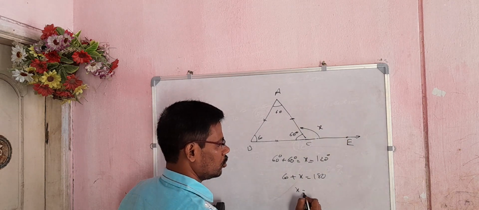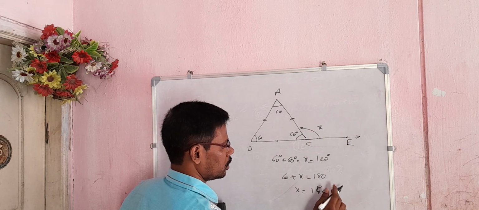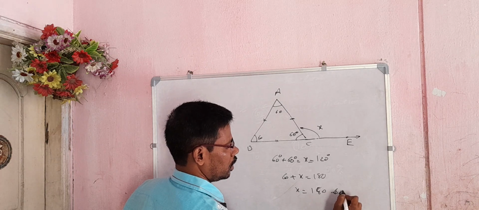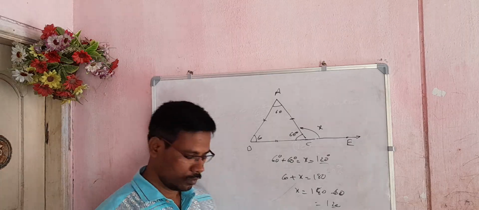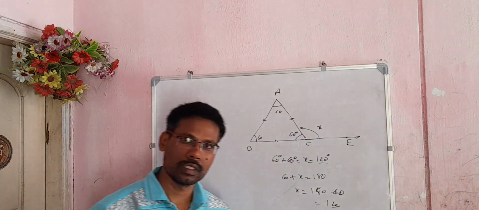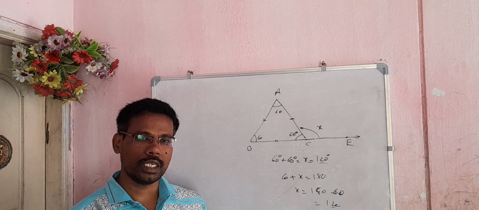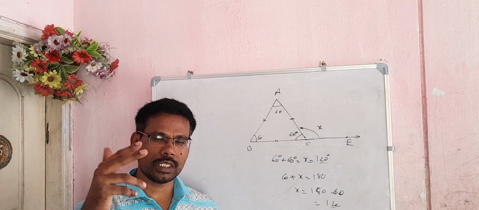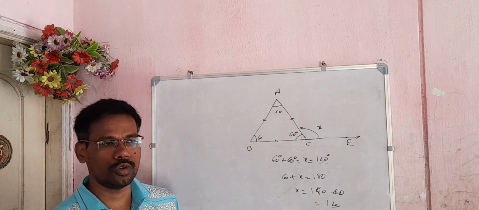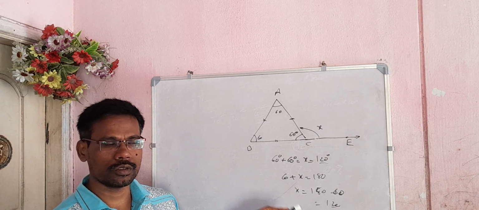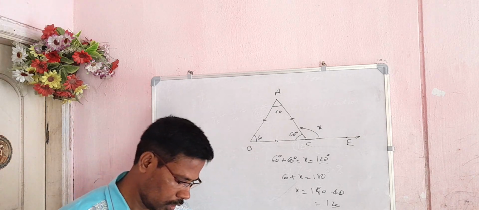So x is equal to 180 minus 60, that is 120. See here, obviously we got the same. Clear? So what I am saying is, if one side of a triangle is produced, the exterior angle so formed is equal to the sum of two interior opposite angles. This holds true for any triangle, like isosceles, whatever triangle it may be.